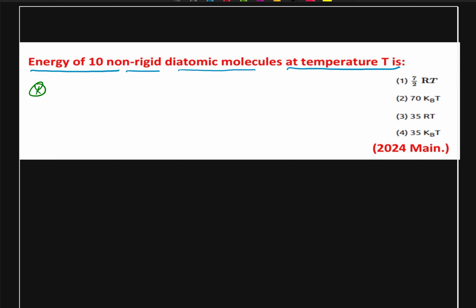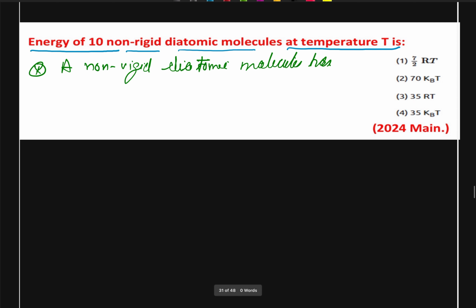So we can say a non-rigid diatomic molecule has 3 kinds of energies associated with it. First, it is going to have 3 translational degrees of freedom.